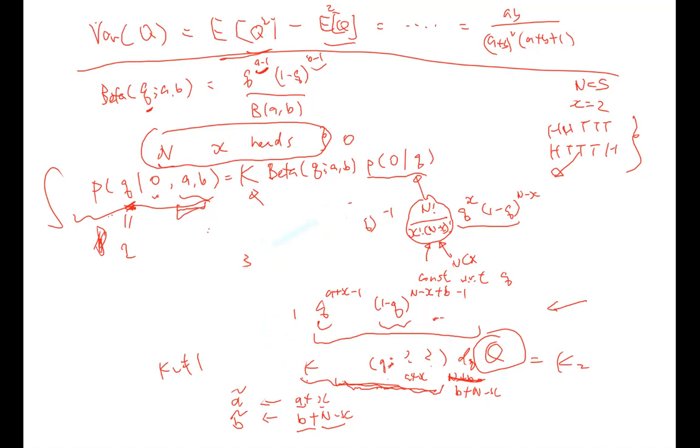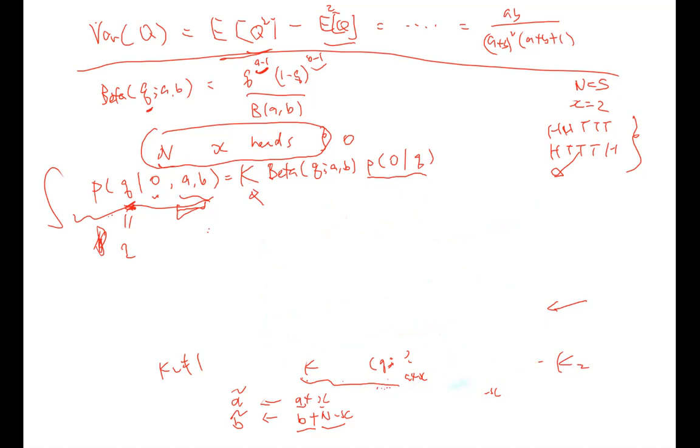Let me erase part of this here. Now let's do a final question. This is a beta distribution on q, with a plus x, b plus n minus x. Note that I'm just saying this is a distribution. How about if I want to get an estimate of q?